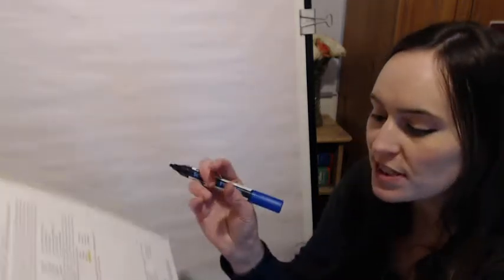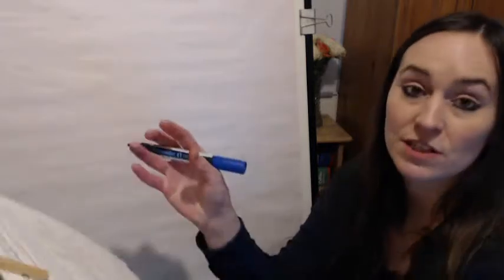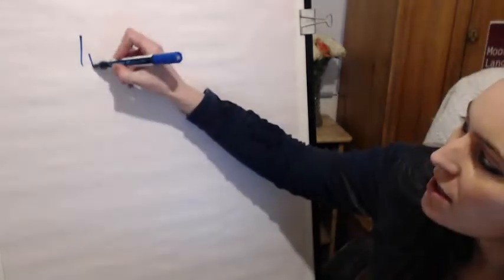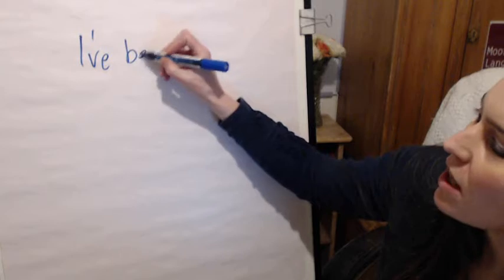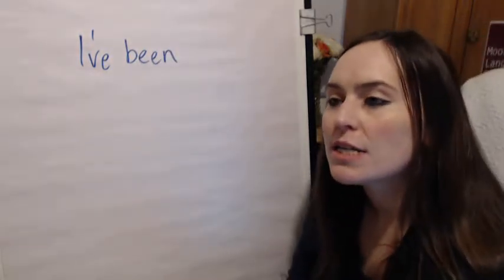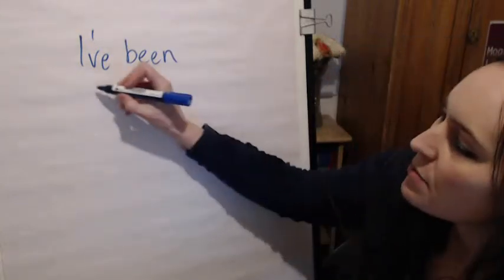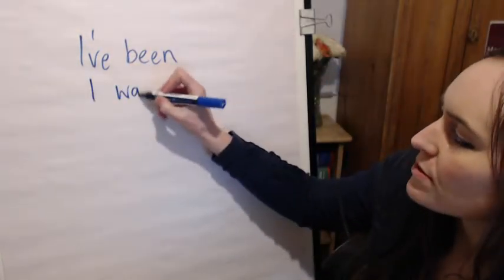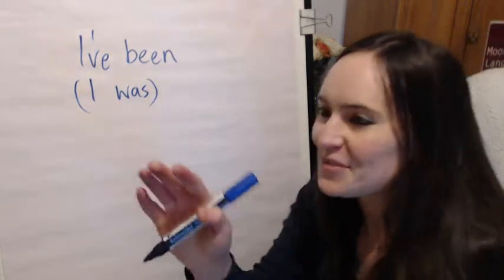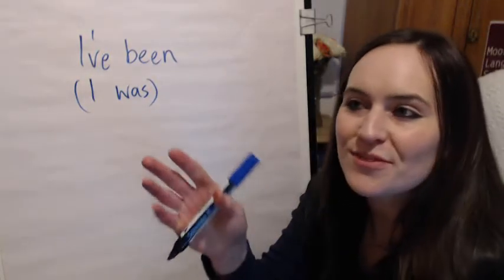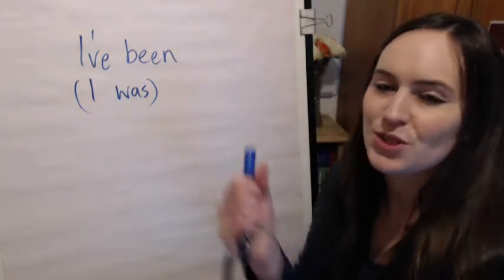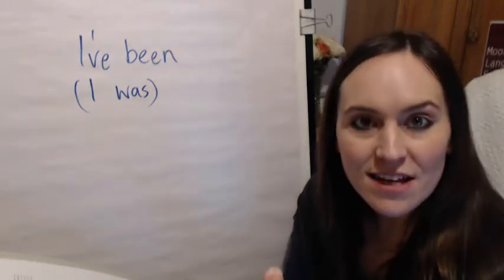Right, so I've shortened this to I've been, just to fit it on the page. So I've been, like I've been to France. Or this can also sometimes be I was. Right, but there's two different things that you say in English which are translated in one way in Italian. So this is from the verb essere.